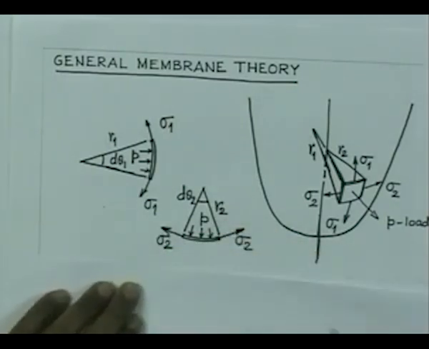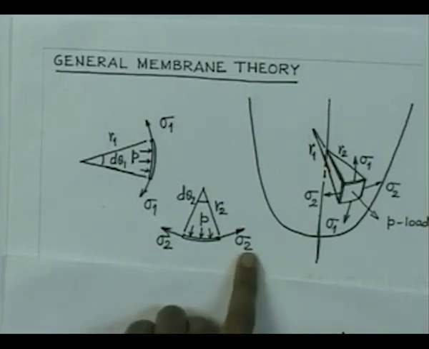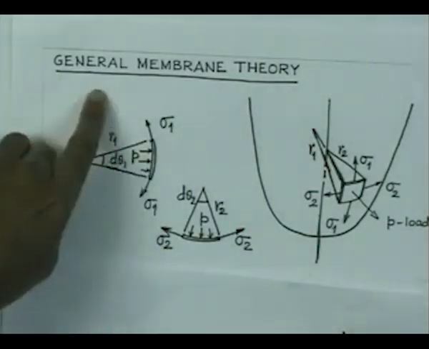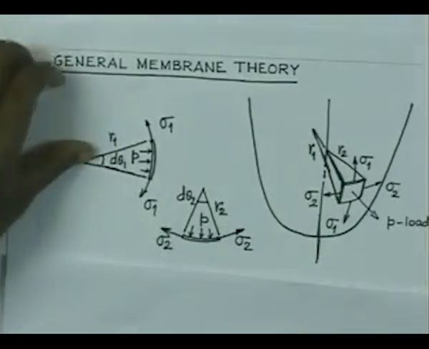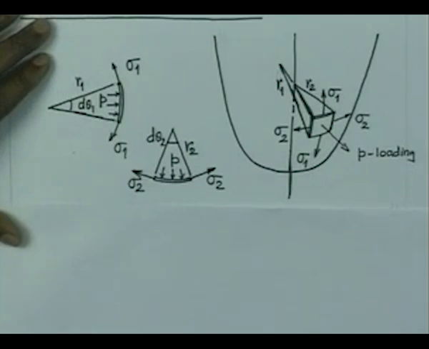So, in the R2 sector we are having stresses sigma 2, and here it is R1 sector, we have the stresses equal to sigma 1. Let us now try to consider the equilibrium in the radial direction.